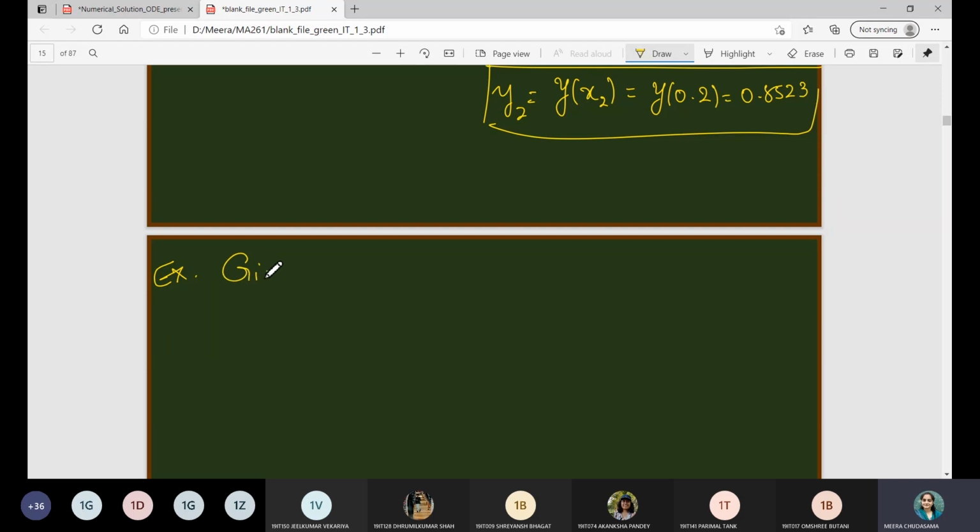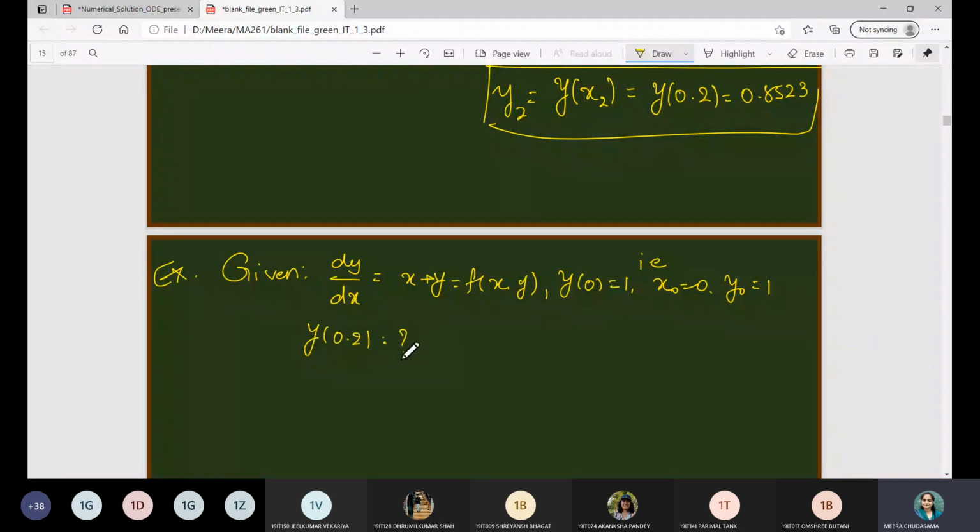So I will just write directly over here the given quantities. That is dy by dx is equal to x plus y. So this is your function f of x comma y. Then the initial condition: y of 0 is equal to 1, that is x0 is 0, y0 is 1. After that, we are asked to find y at 0.2, and h we have to consider 0.1.